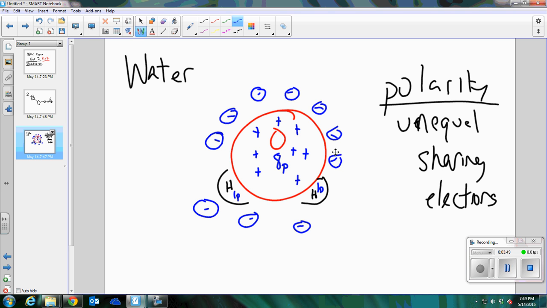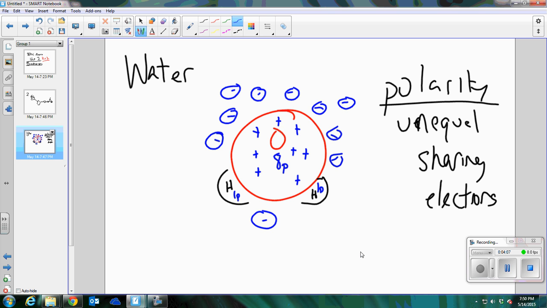And they're going to spend the majority of their time up here. Now, there may be the occasional electron to find its way around the hydrogen end of the water molecule, but most of the time, you're going to see something that looks like this.